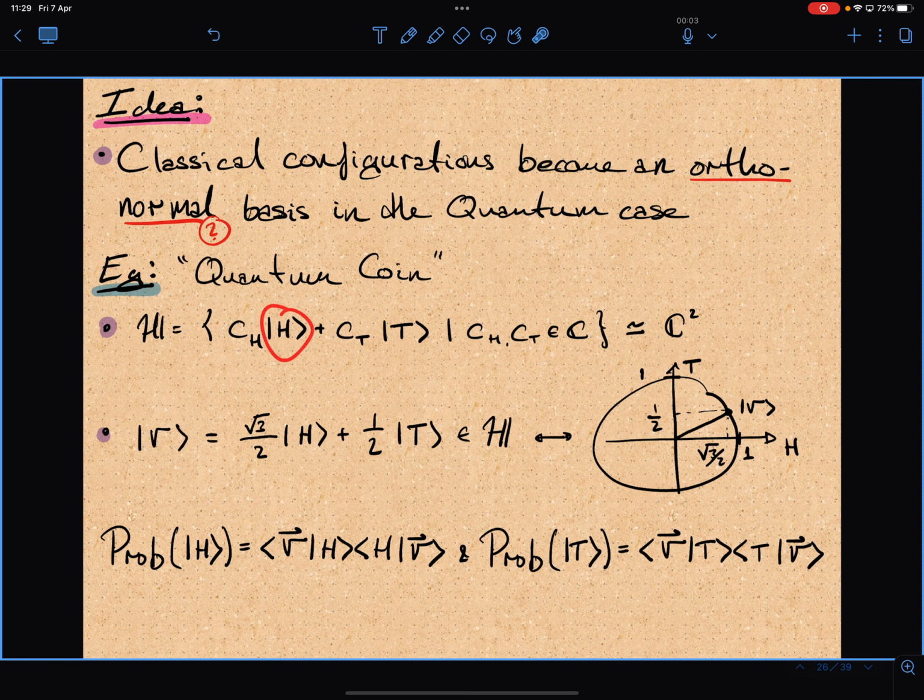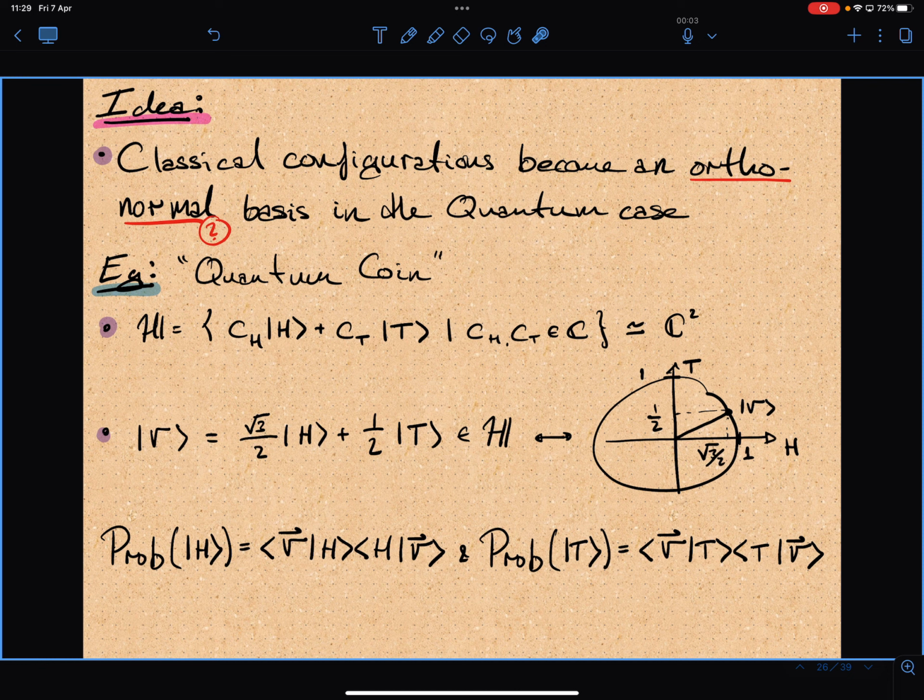So H and T are going to be orthonormal vectors, meaning that their dot product is 0. The dot product of H and T is going to be 0, and my Hilbert space is just going to be a linear combination of these two configurations, H and T, where these are just complex coefficients, so we're in a two-dimensional vector space. And again, this is the smallest dimension we can get where things are non-trivial.